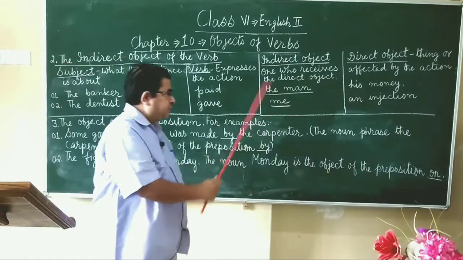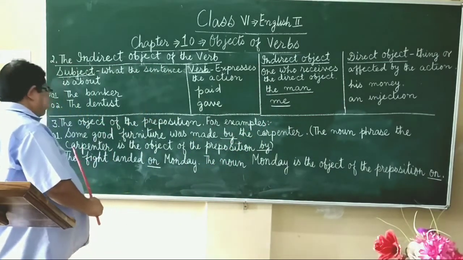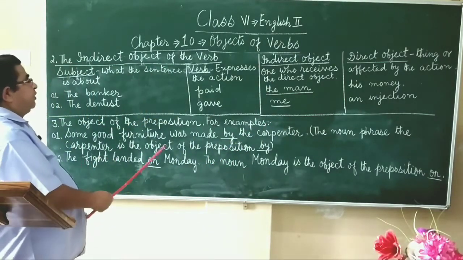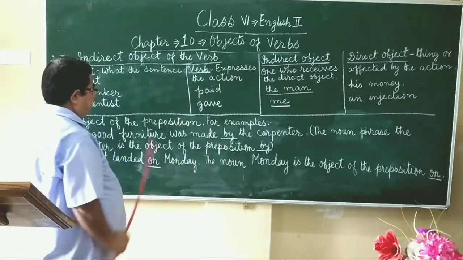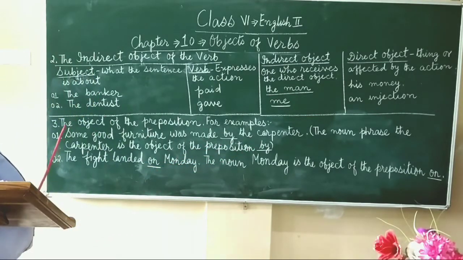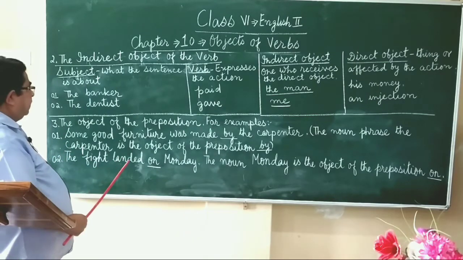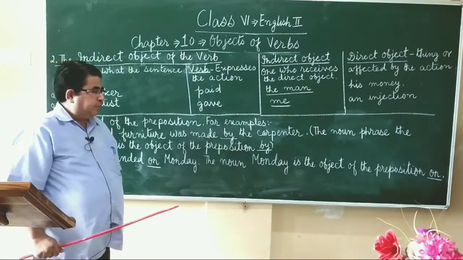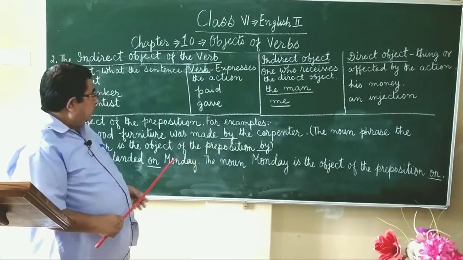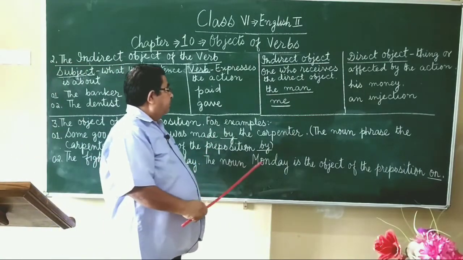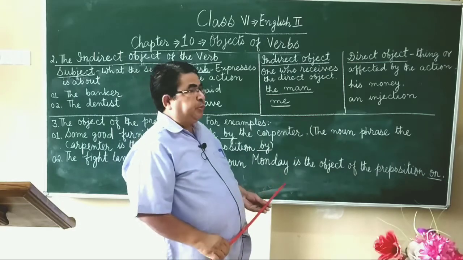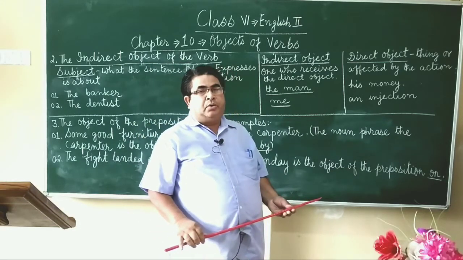Here the noun phrase, the carpenter, is the object of the preposition by. Example number 2, the flight landed on Monday. The noun Monday is the object of the preposition on.